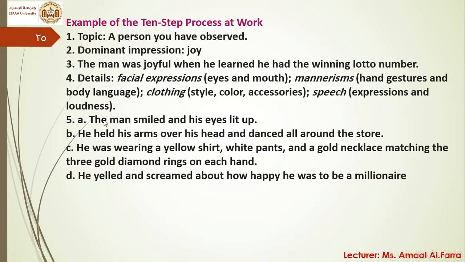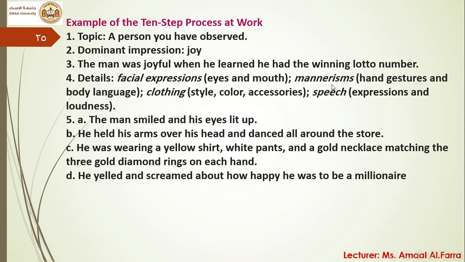Number 5, as we said before, step number 5, you are going to write a sentence for each detail. We have 4 details with 4 sentences. The man smiled and his eyes lit up. This is facial expression. He held his arms over his head and danced all around the store.